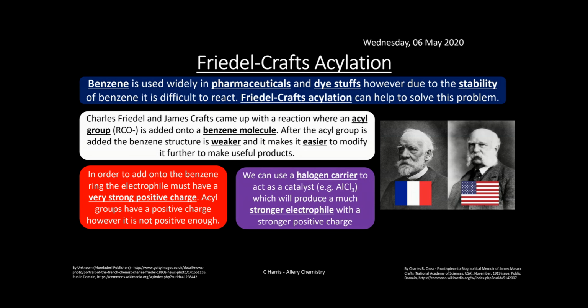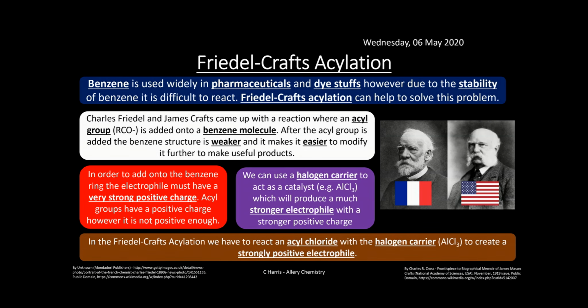So we use a halogen carrier, and this acts as a catalyst, and this will allow us to produce a much stronger electrophile with a much bigger positive charge, and that is powerful enough to break that barrier of substituting your hydrogen with your functional group. Okay, so in the Friedel-Crafts acylation, we react an acyl chloride with a halogen carrier, which is AlCl3, and we create a strongly positive electrophile.